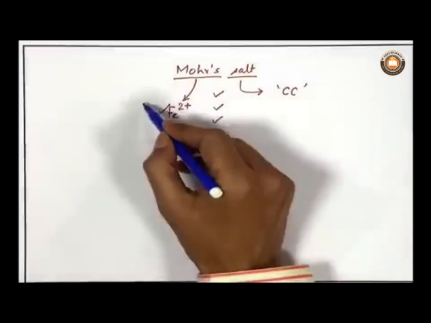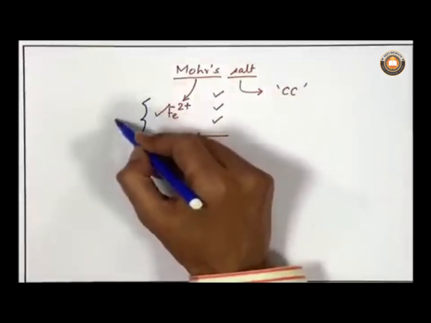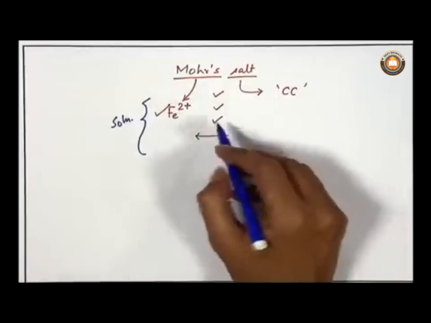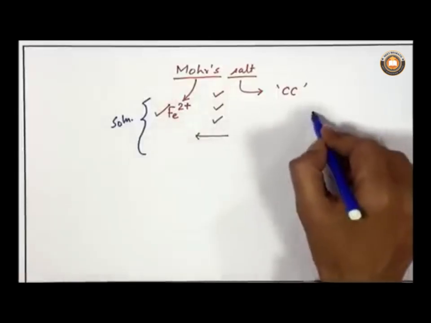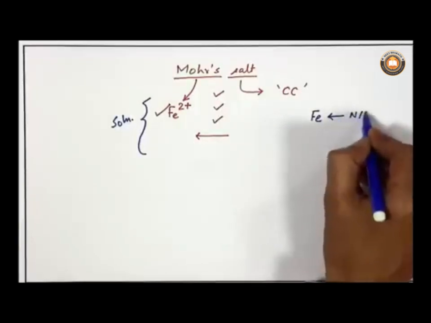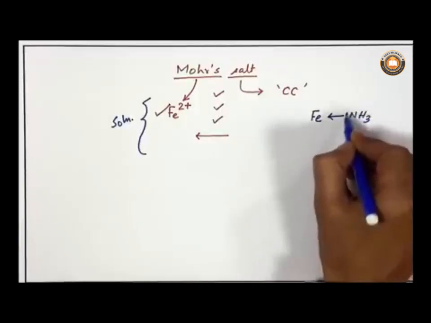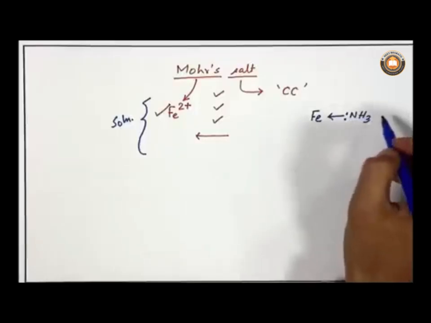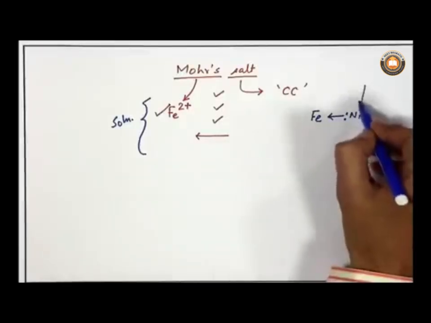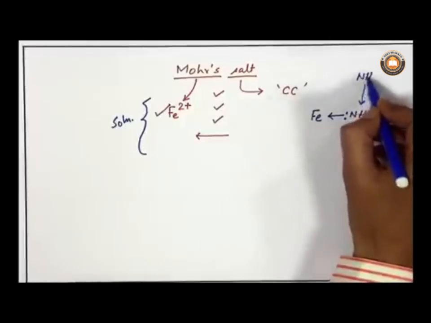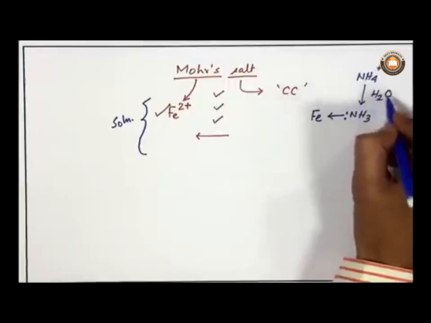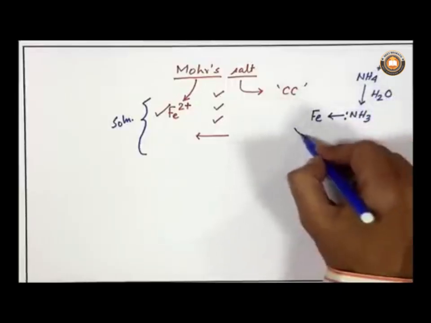Similarly, in solution, we ask whether a coordinate bond is present between iron and the ammonium ion, whether such an interaction can form when you dissolve it. Water can sometimes be very useful to find out whether this is forming.